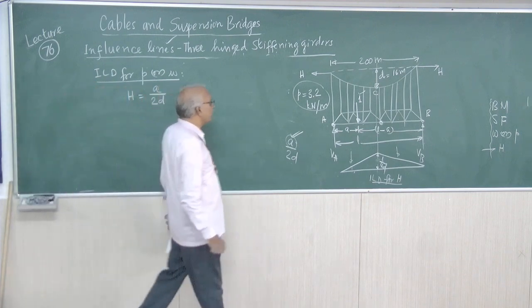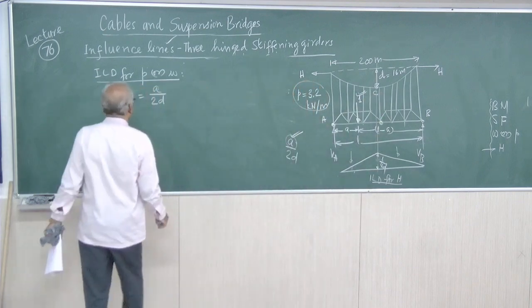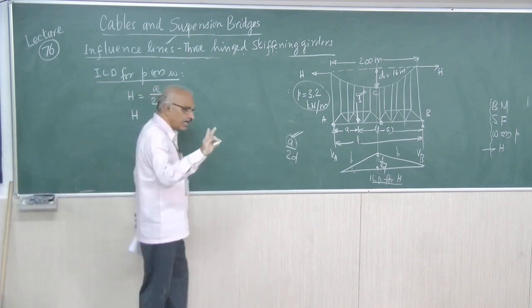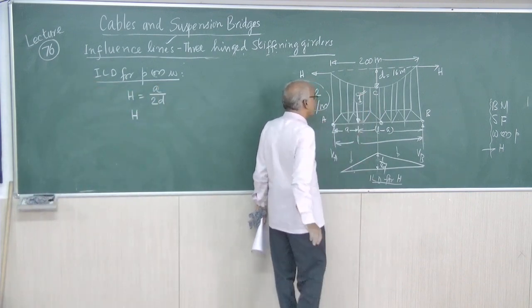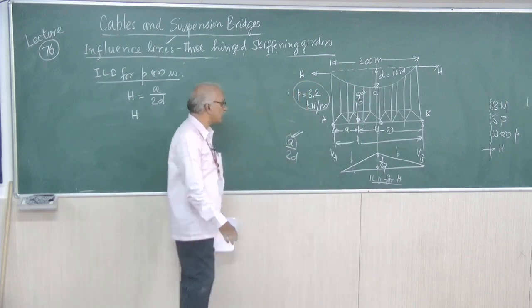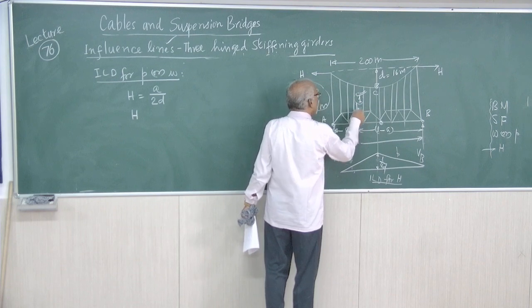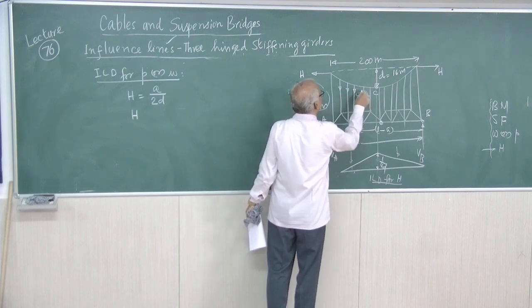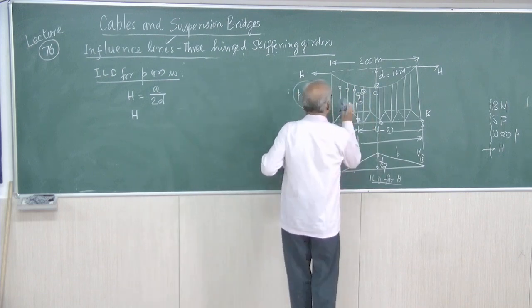Due to the moving unit load. Now, when you convert the load, because this is the only load that we are considering, only moving unit load, no other load is considered now. Now, this will be transformed as UDL, and this will be subjected to a UDL of W per meter or P per meter. That already we have discussed in the earlier problem.